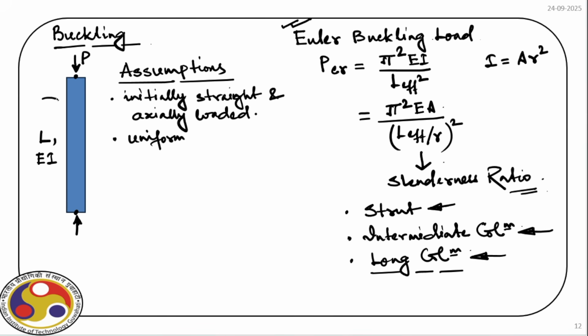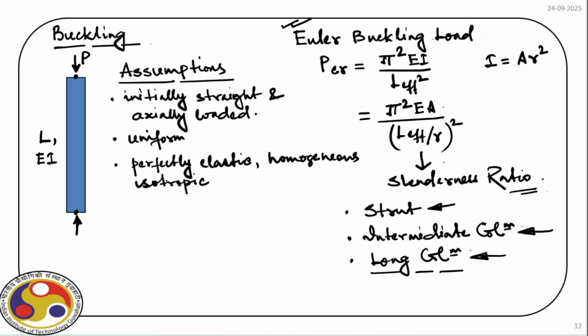If you look at this diagram here, we have considered the column which is having the same cross section along the entire length, so the column is uniform. Then it is perfectly elastic, homogeneous, isotropic, and obeys Hooke's law.